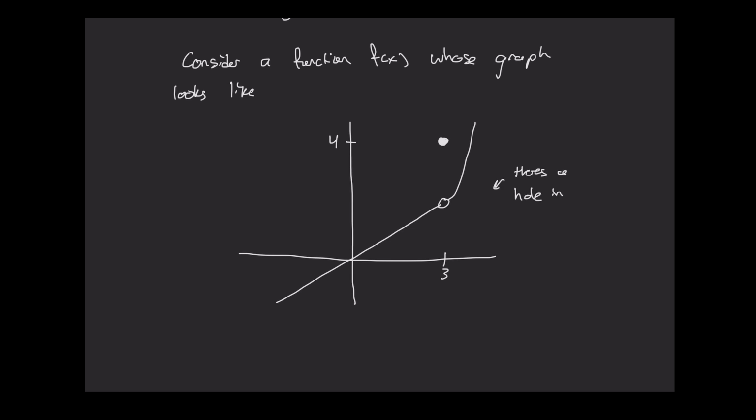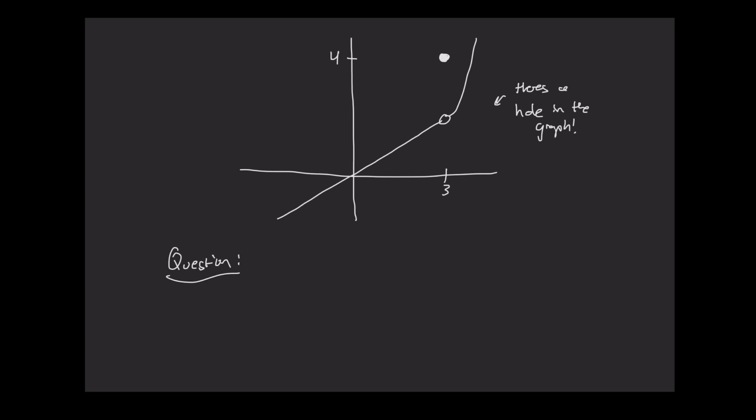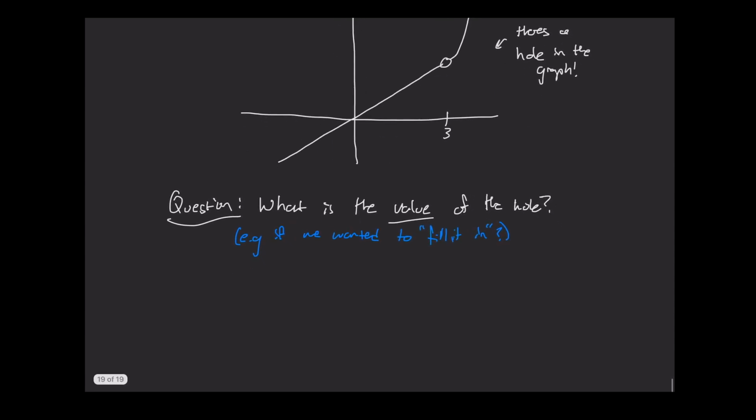Okay, so the first thing we can notice is that there's a big hole in the graph. And the question I want to consider is, what is the value of the hole? So, for example, if we wanted to fill the hole, then what value should we put there?